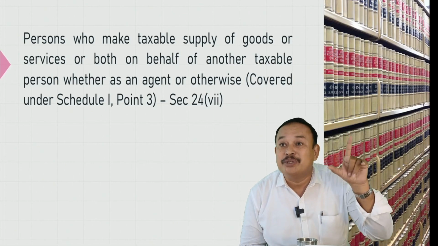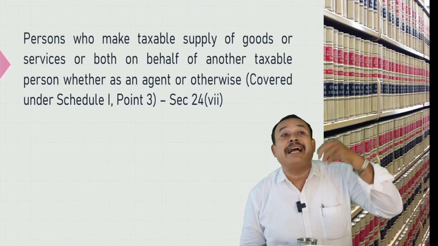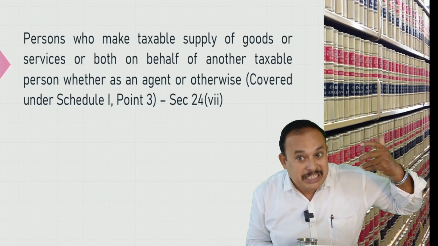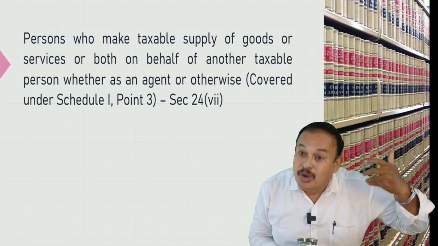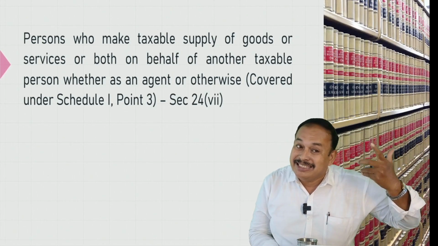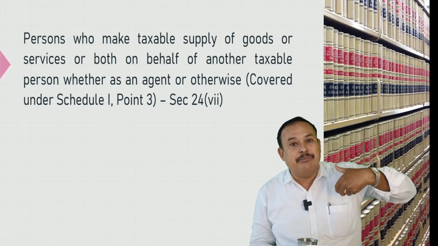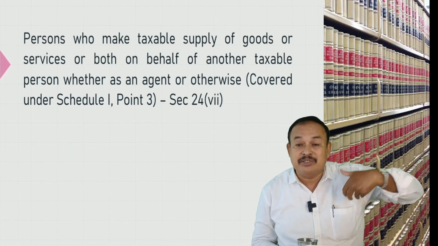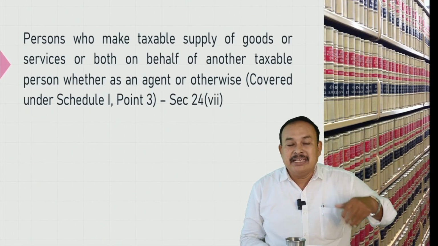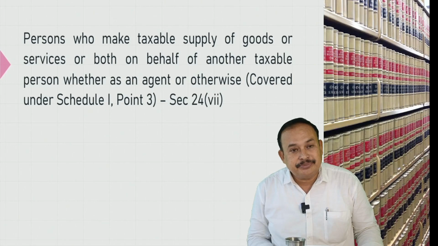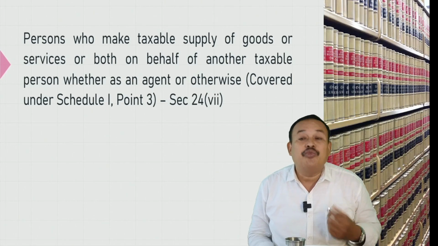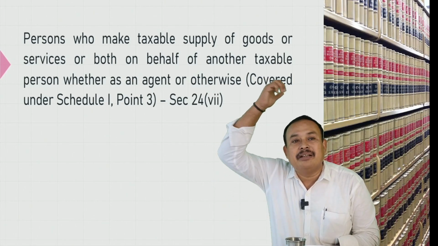So, it falls in the supply of goods category. Where the agent acts independently, issuing his own invoice when he supplies, and receiving the goods in his own name, with the invoice received in his own name, in that case, hey agent, for you registration is compulsory.